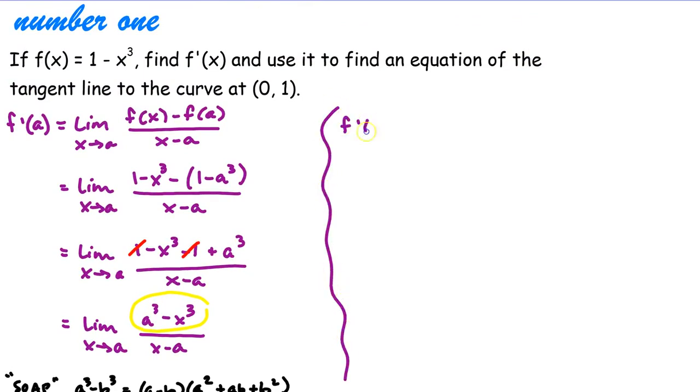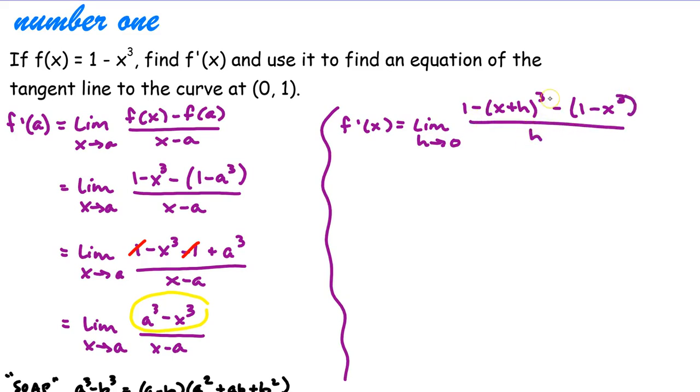So f prime of x is the limit as h approaches 0 of the function with x plus h plugged in, which would be 1 minus the quantity x plus h cubed, minus the function with x plugged in, which is just 1 minus x cubed, all over h.